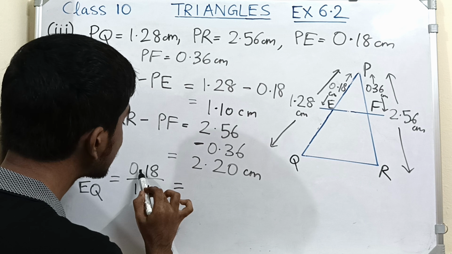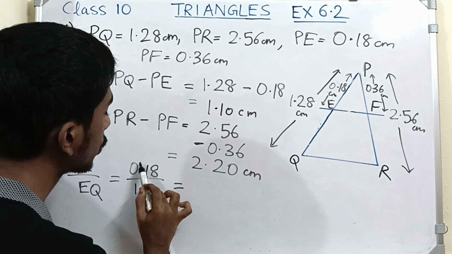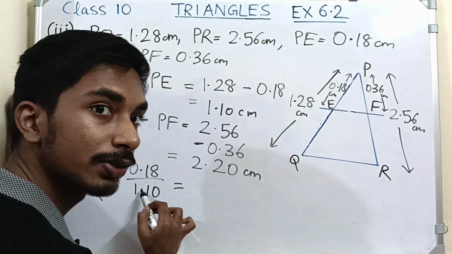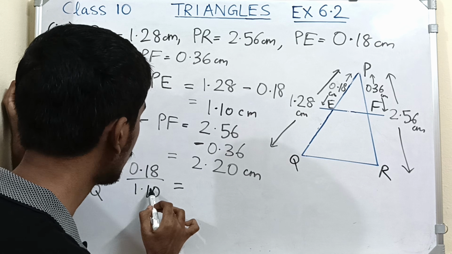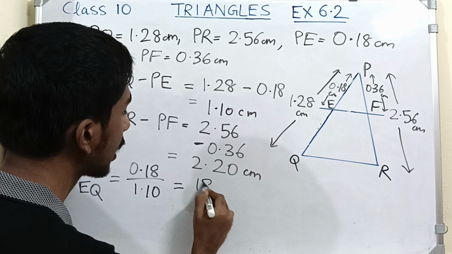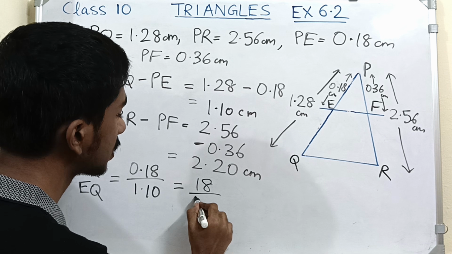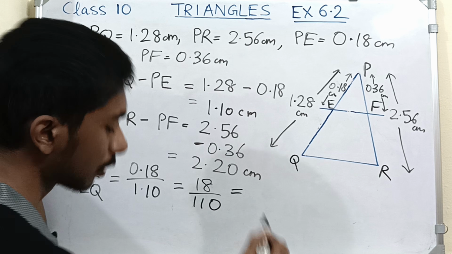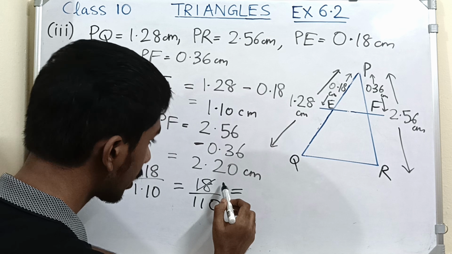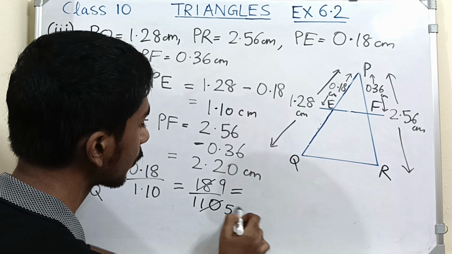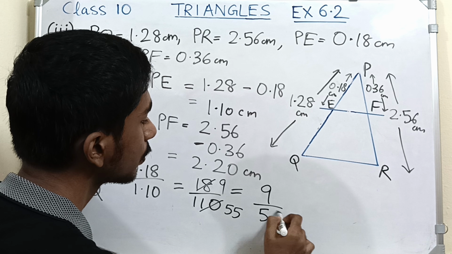So if you shift the decimal two times, then you have to shift the same exact number of times here. So it will become 18 over 110. Divided by 2, this will become 9 over 55. So the ratio is 9:55.